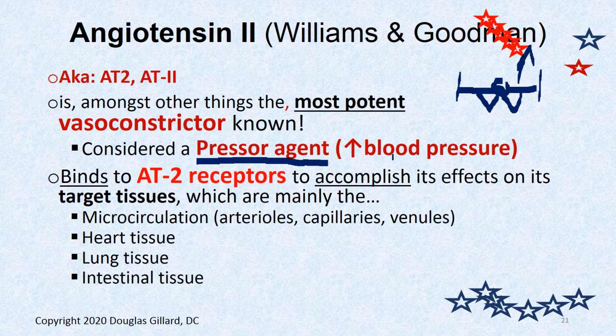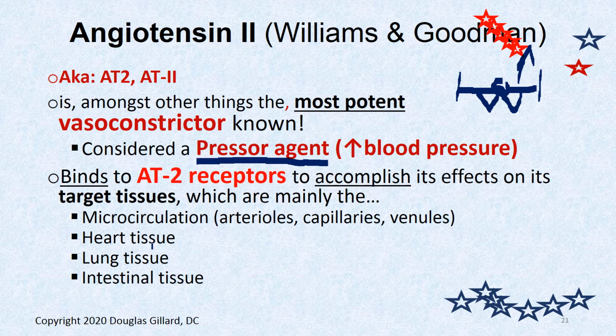Okay, angiotensin II can't do anything unless it binds with its receptors. Its receptors are really easy to remember. They're called angiotensin II receptors. And where are the angiotensin II receptors? They are ubiquitous. They're everywhere. They're in microcirculation all over the body on endothelial cells. They're in heart tissue, which is not a good thing.